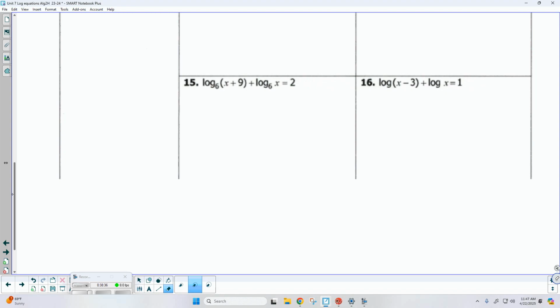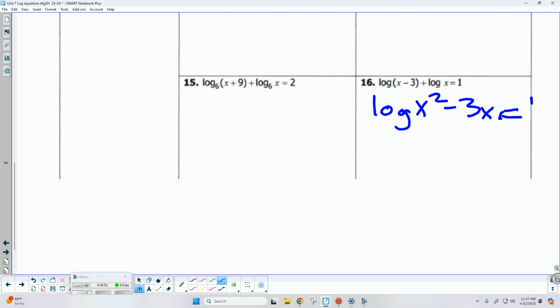Okay, so we got 2 logs equal a number, but we want 1 log equals a number. So what do we do? Okay, so we distribute x across that, and that equals 1. 10 to the first equals x squared minus 3x. Perfect.